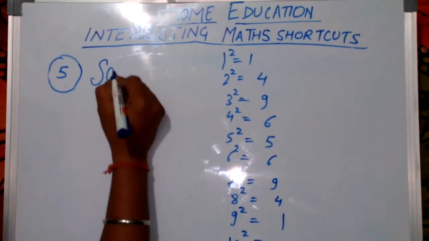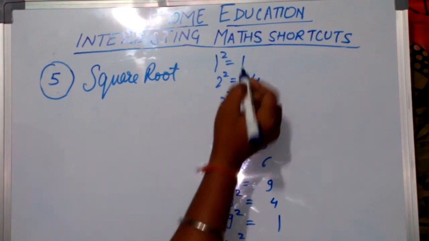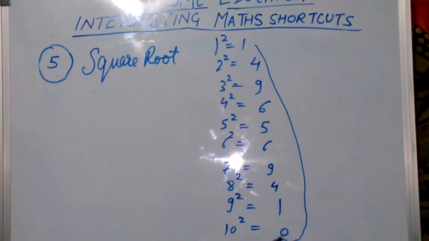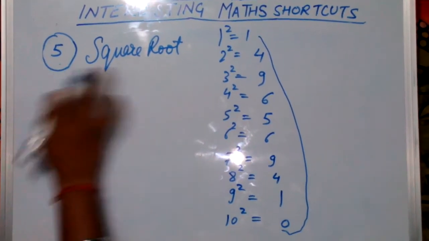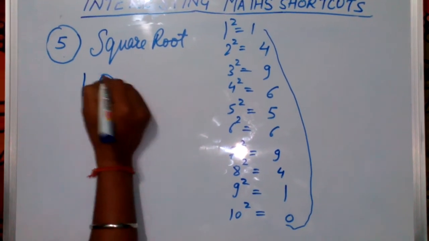Moving on, our fifth shortcut is square root. Here I have written the last digits of the squares of 1 to 10, which will come into play. Like the square root of 1024.